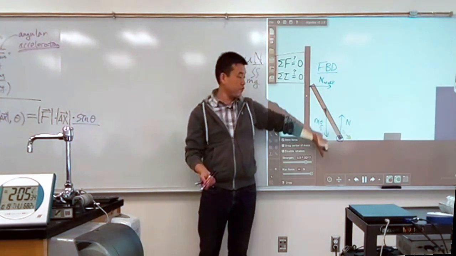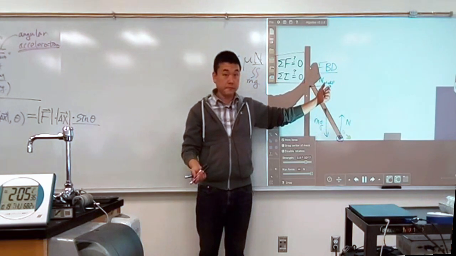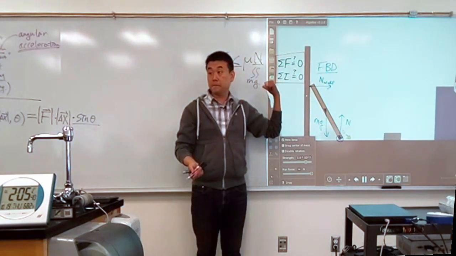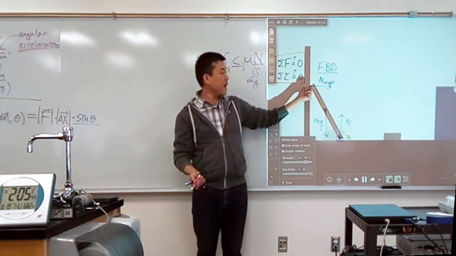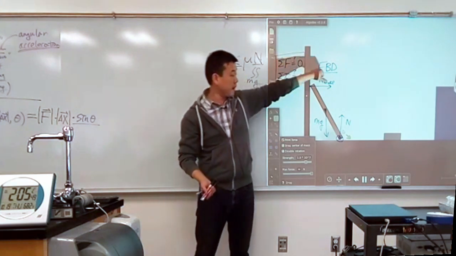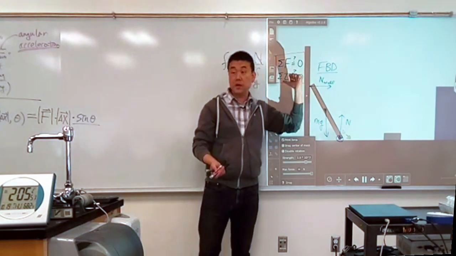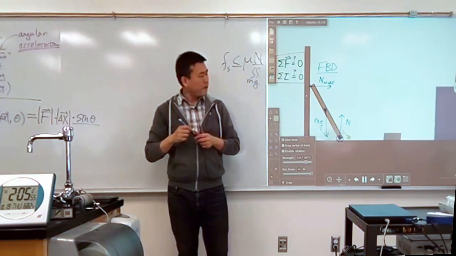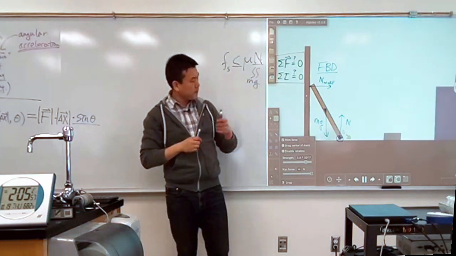In the vertical direction, do you have any problem? No, right? So what's the problem with the horizontal direction right now? You need some kind of force that's pushing it to the left. You have a force that's pushing it to the right. Unless you have a leftward force, your net force, which is a vector quantity, won't be 0. So where do you think you can get a leftward force here?